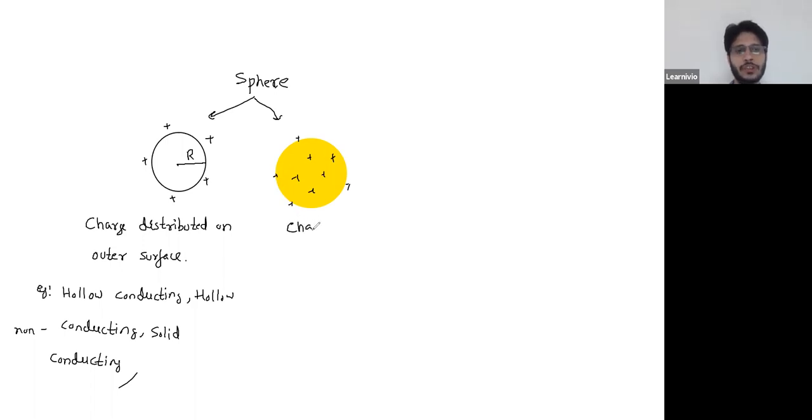And the example of this type of sphere includes a solid non-conducting sphere.